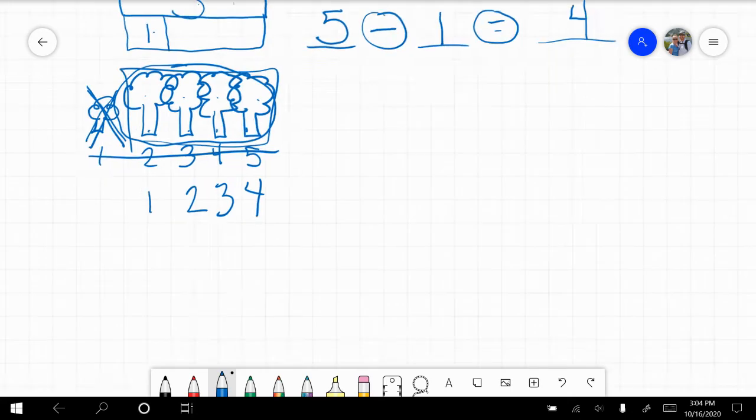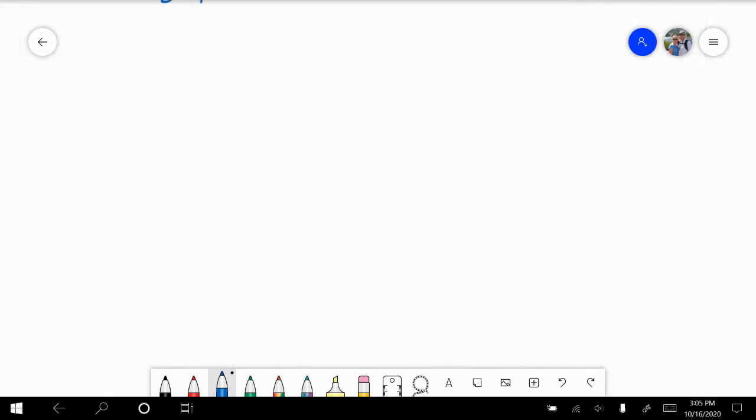Another math problem we're going to look at. Okay, there are 8 birds. How many birds are there? 8. That is our whole number. We cannot have any more birds than 8.